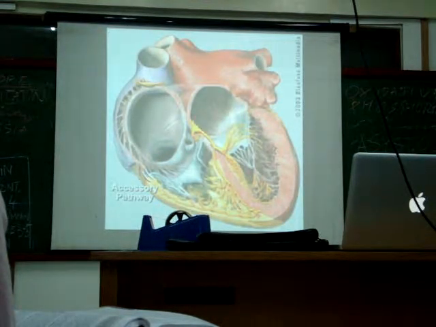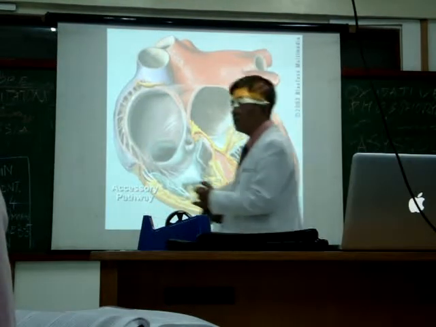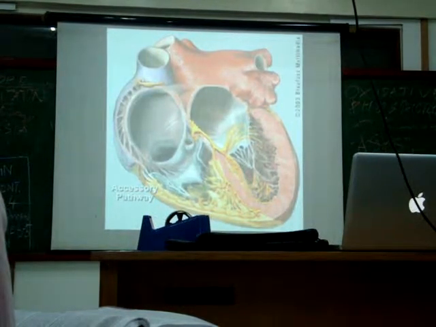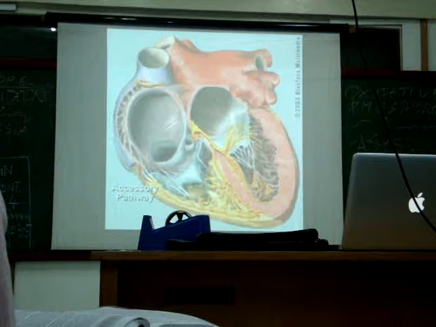Remember, was it discussed how the AV node slows down conduction? It was discussed, right? Because remember, there's a lot of myofibrils, bigger. There's a lot of fibrous tissue which slows conduction down. Okay? So, an accessory pathway does not have the same characteristics as an AV node.